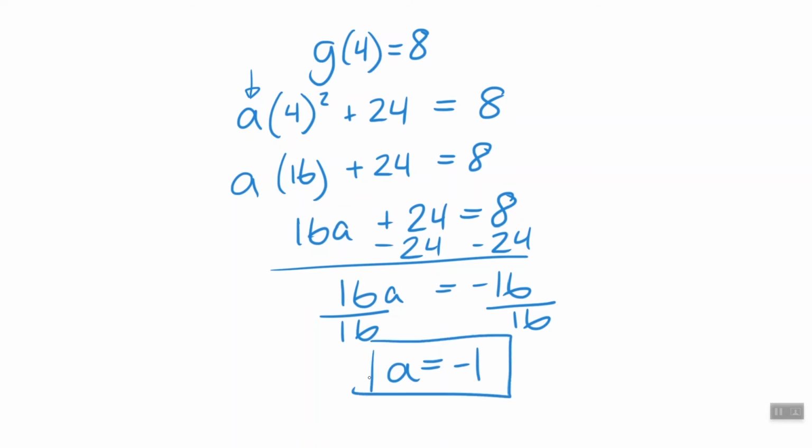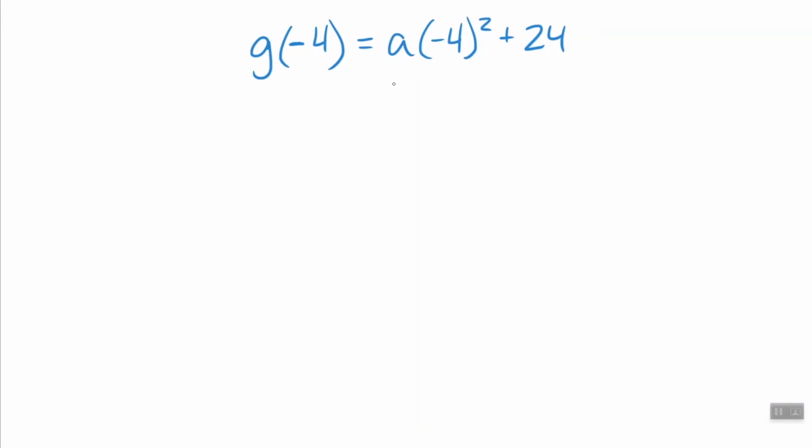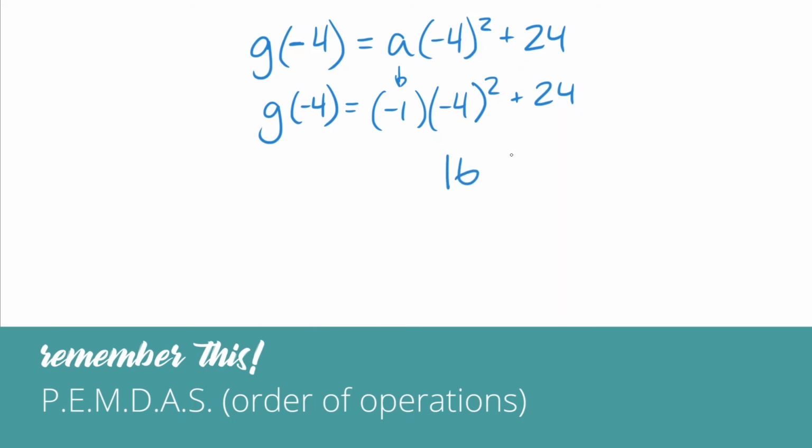Let's plug it in to where we left off earlier. So now we're going to replace a with negative 1 and combine them all. So we have g(-4) equals negative 1 times negative 4 squared plus 24. Let's start off by squaring negative 4.